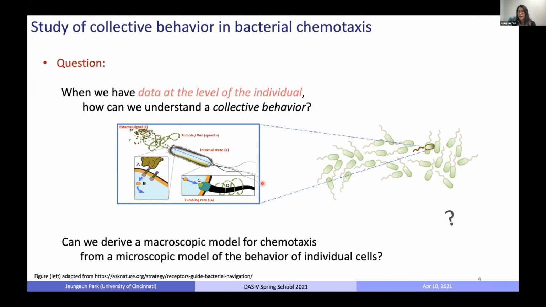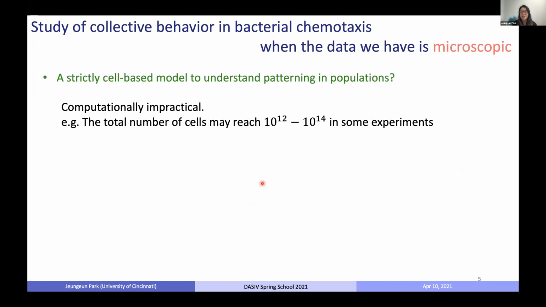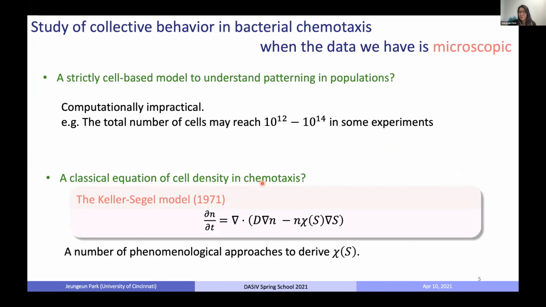Yeah. So to answer such a question, some may say, could we just simply track each single cell in a population or in a group? But this is computationally impractical. Another suggestion could be to use the well-known classical PDE model, called the Keller-Segel model, to describe chemotactic behavior.